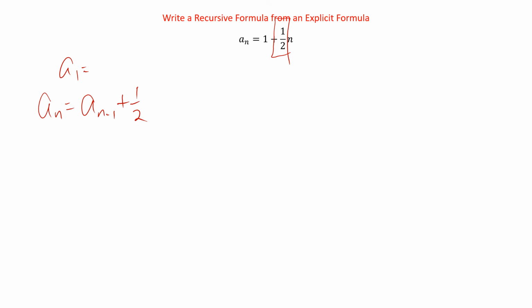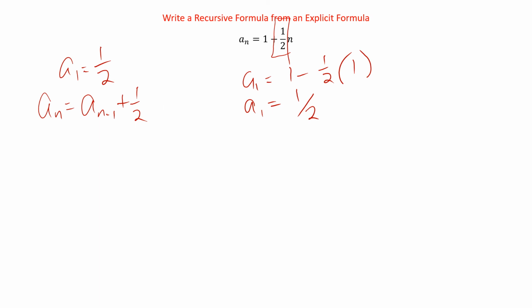We just plug in 1. a1 will equal 1 minus 1/2 times 1. 1/2 times 1 is 1/2, so 1 minus 1/2 is 1/2, so a1 is 1/2. And the common difference, which is the same as the slope, is 1/2. So a1 equals 1/2, an equals an minus 1 plus 1/2.